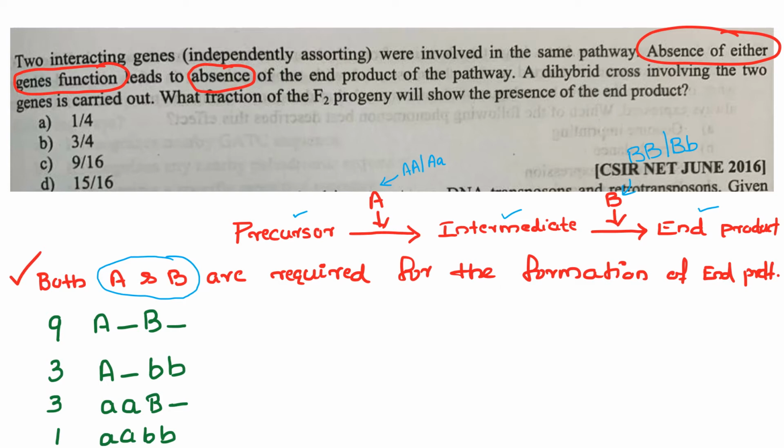So if any of the genes is in non-functional form, that means in the homozygous recessive condition, then the end product will not form. No end product.